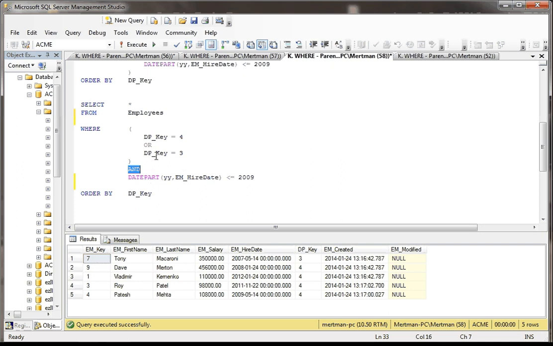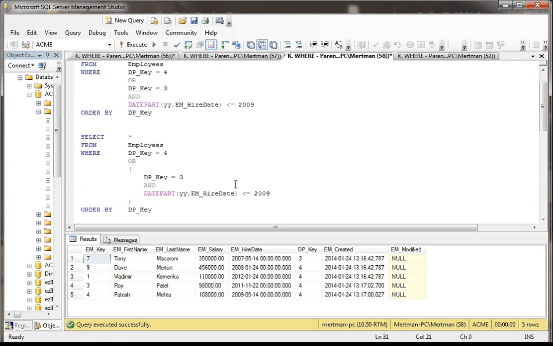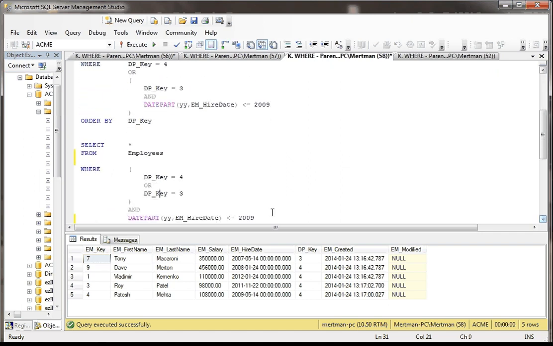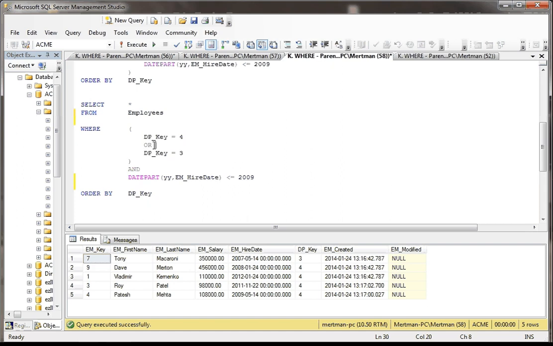What this is really saying is department key 3 and the certain date, also department key 4 and the same date. Whereas these 2 guys are saying department key 3 and the date, or just 4 and we don't care about the date. So by wrapping these 2 things in parentheses, even though there's an OR, the OR doesn't split anything up. This whole thing is read as one specific thing.